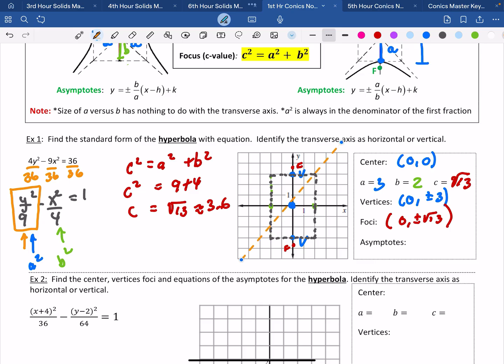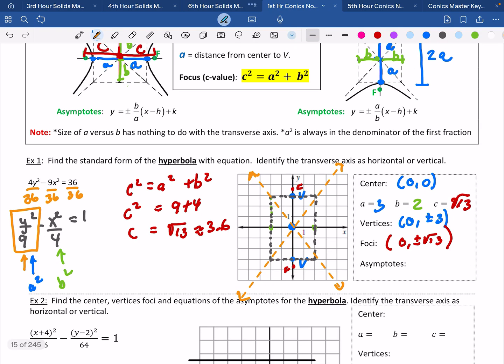So I'm going to go ahead and extend that. It's going to go through the center. All right, and I'm going to do another one here. And those are the asymptotes. All right, so we're going to ask you for the equation, and we're going to also ask you to graph them. Now, they do go on forever, so we're going to put these little arrowheads there. And the equation is now h and k.